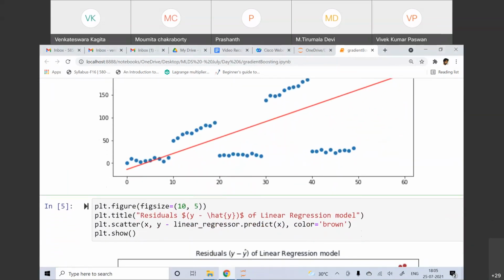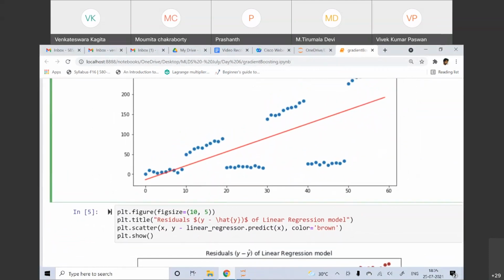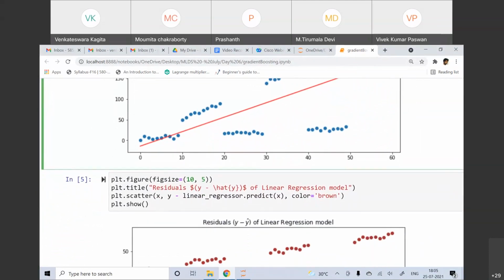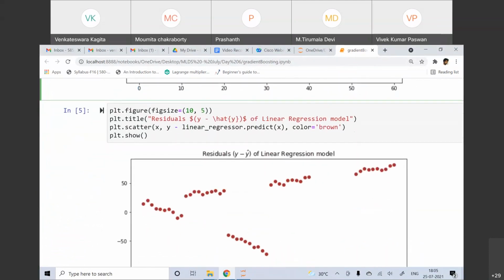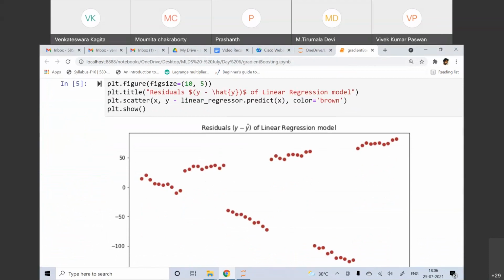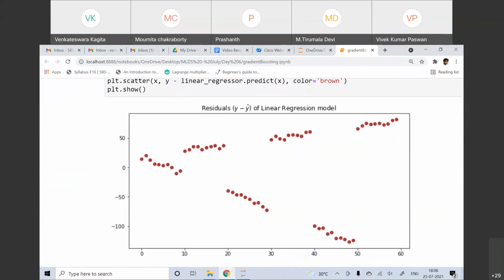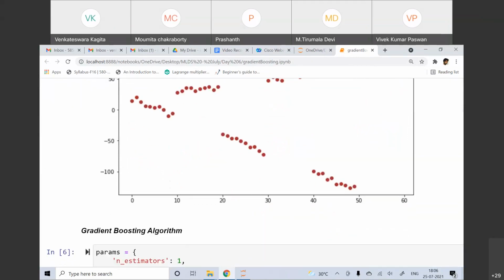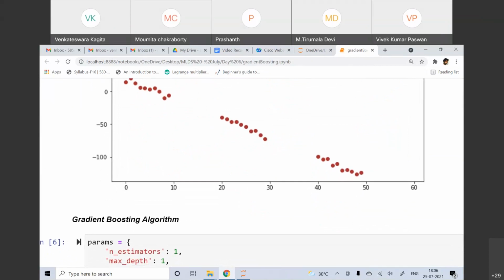So let me plot the residual parts where this linear regression model is not doing well. So this is the residual part. There are a lot of residuals. I mean, there is a huge range for the residuals, right? So it means that this linear regression is not doing well on this. So let me take the gradient boosting algorithm.